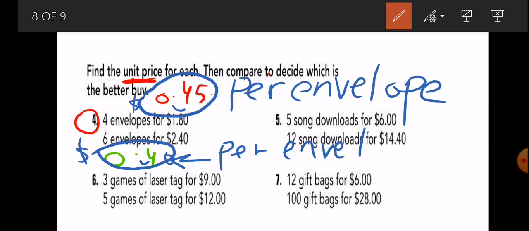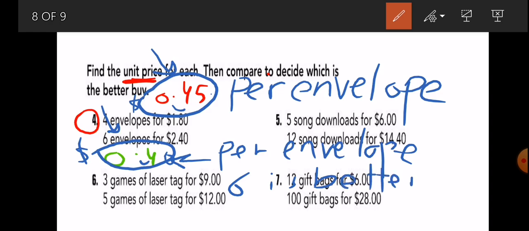It means each envelope will cost this. So this is the first step. You have to write this unit price, this unit price. Then I will compare to tell which one will be better to buy, and I will say the 6 envelopes is better. Clear now how to answer this one, and the rest the same way.